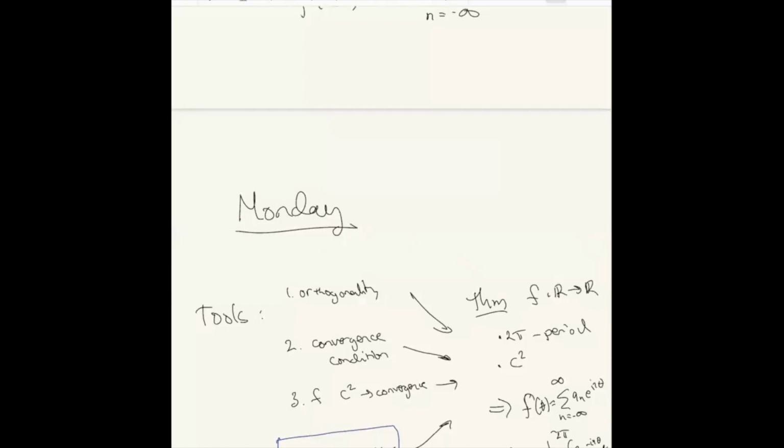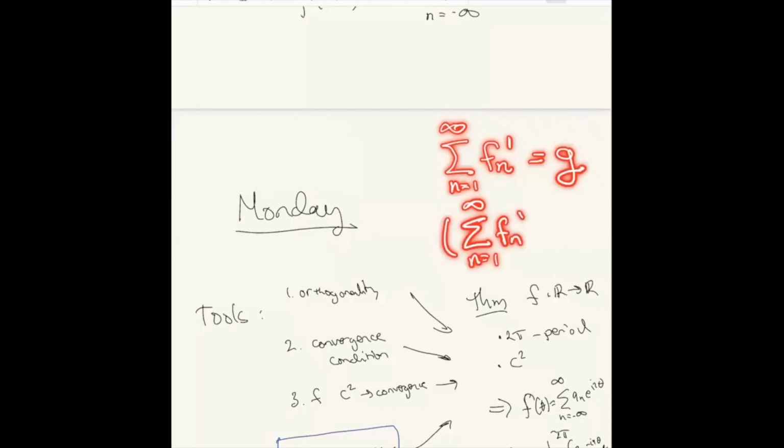So you could think of this issue that comes up in problem part 4. It's a little bit analogous to when we said that if you have the differentiated series, the assumption is that this converges to some function g. And then later we realize that this function, as a consequence of that theorem, is actually equal to the derivative of the series.